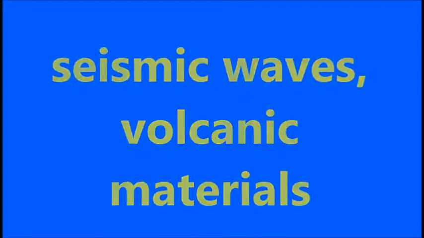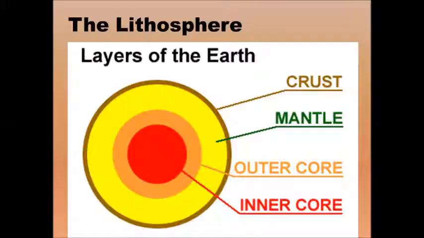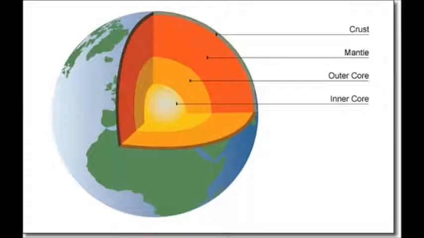On the basis of density of materials, chemical composition, and physical state of matter, the earth's interior is classified into three main layers.